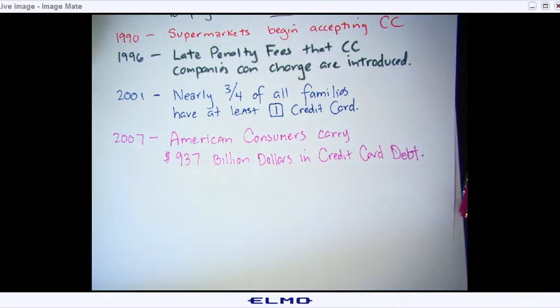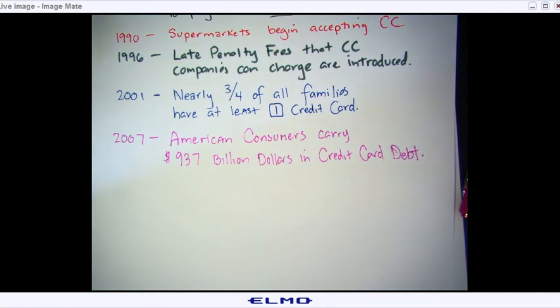In 2007, American consumers, that's all of us, owe $937 billion altogether to different people.